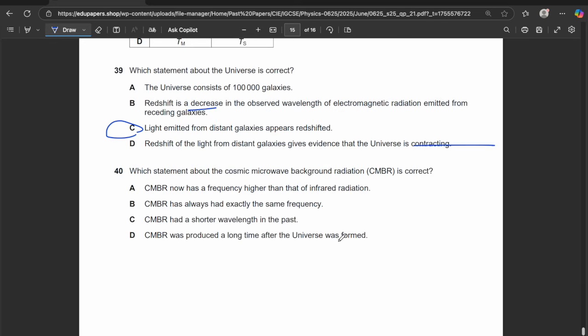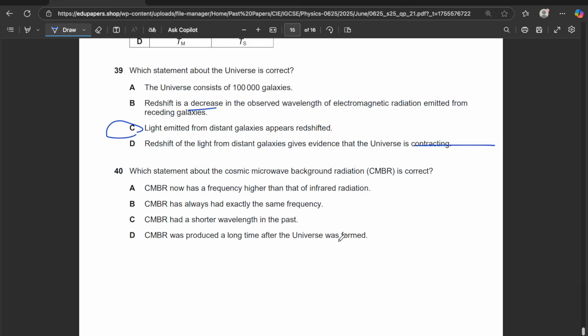40. Which statement about the cosmic microwave background radiation, CMBR, is correct? A. CMBR now has a frequency higher than that of infrared radiation. Well, this is microwave, and when the universe is expanding, right, the wavelength will only increase.